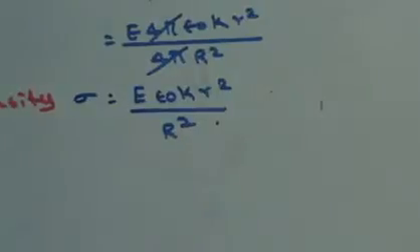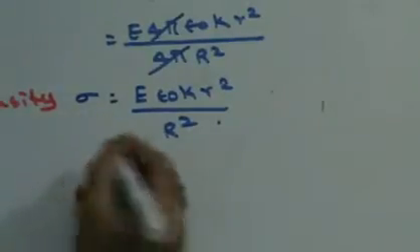Now let's see what else they have given you in the sum. The charge density on the surface of a conducting sphere is this much, electric intensity is this much, at a distance from the center of the sphere of this much. That means we can assume that the conducting sphere is in air, so I can take the value of K as 1.